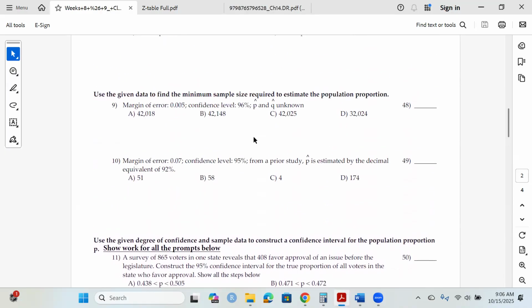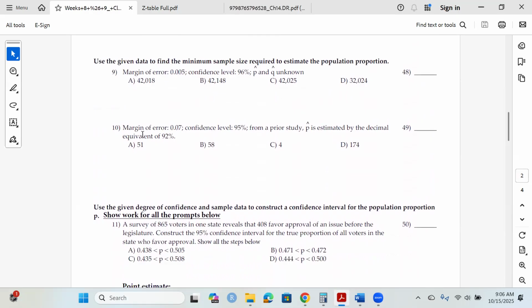And then a couple of these are just interesting. Margin of error is 0.07, confidence level 0.95, prior study. So here she gives you an estimate of the P. So then what you're looking for is a 7% increase from that. So instead of 92%, you're looking for 99%.